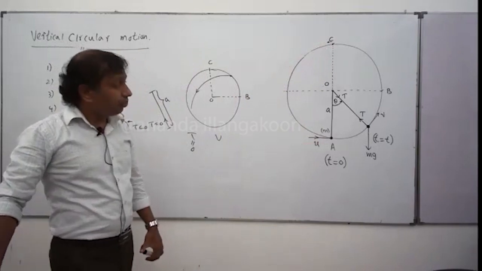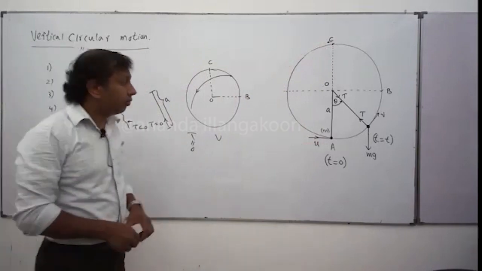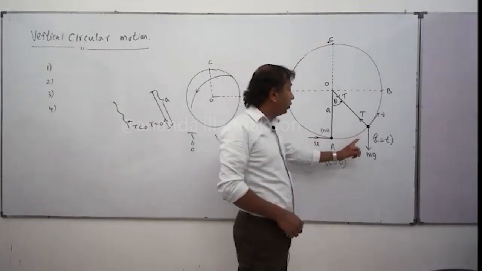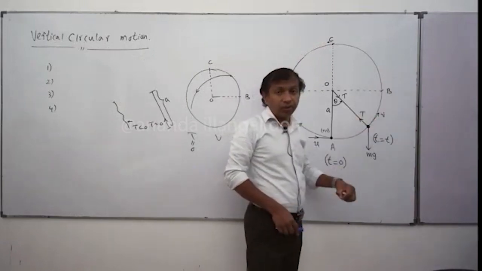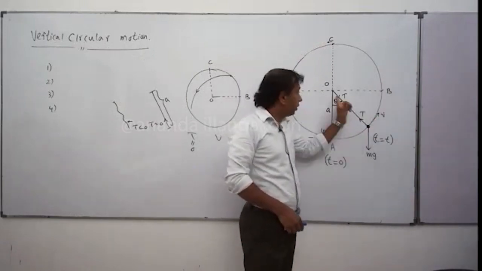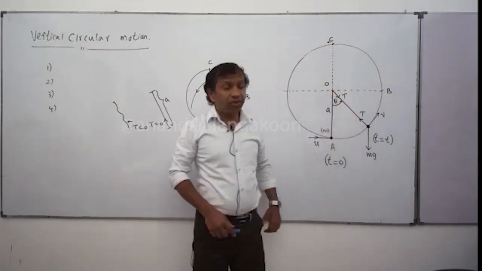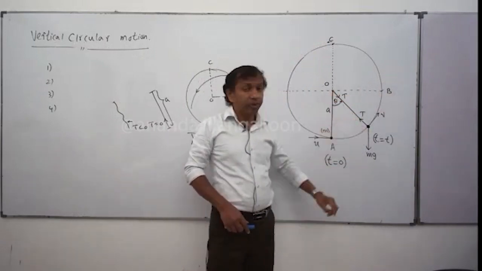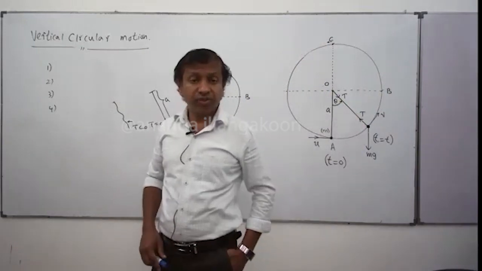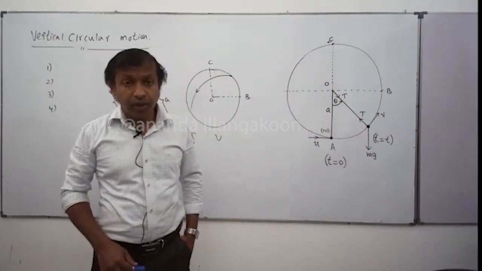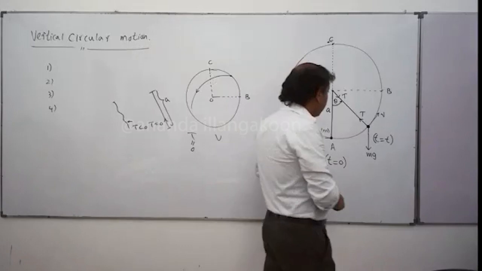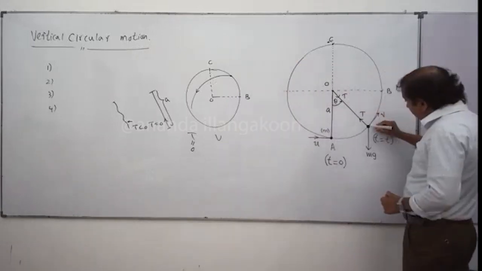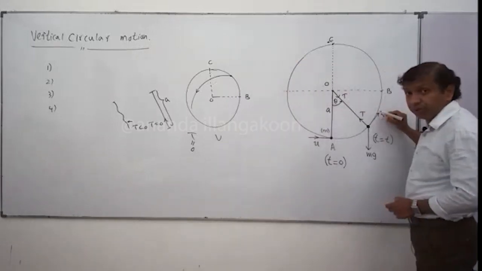The other thing is, people, here, you can see, while this particle is moving on this circle, this string is the radius of the circle on which the particle moves. And this velocity of the particle is along the tangent drawn to the circle.